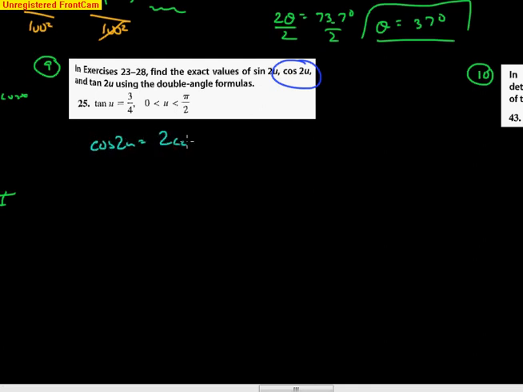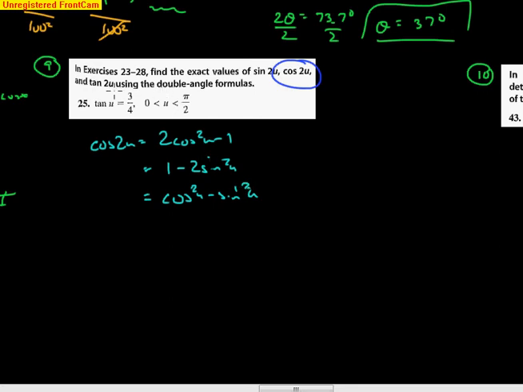It could be 2 cosine squared u minus 1, or 1 minus 2 sine squared u, or cosine squared u minus sine squared u. Let me double check that. Yes. So we can use any one of these forms to solve this problem.